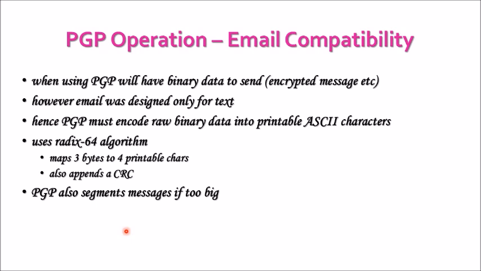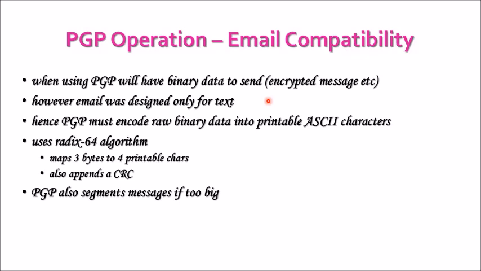The next operation is email compatibility. When PGP is used, at least part of the block to be transmitted is encrypted and thus consists of a stream of arbitrary 8-bit octets.